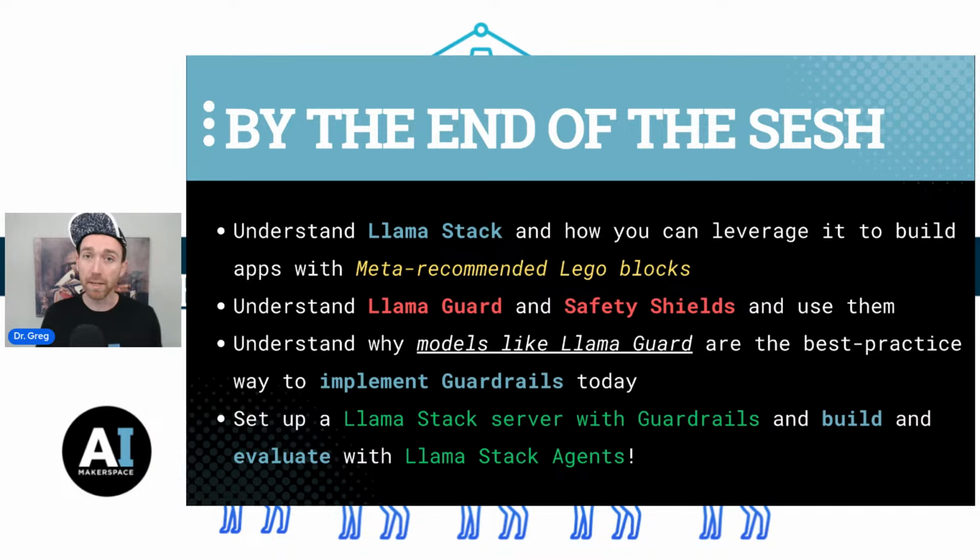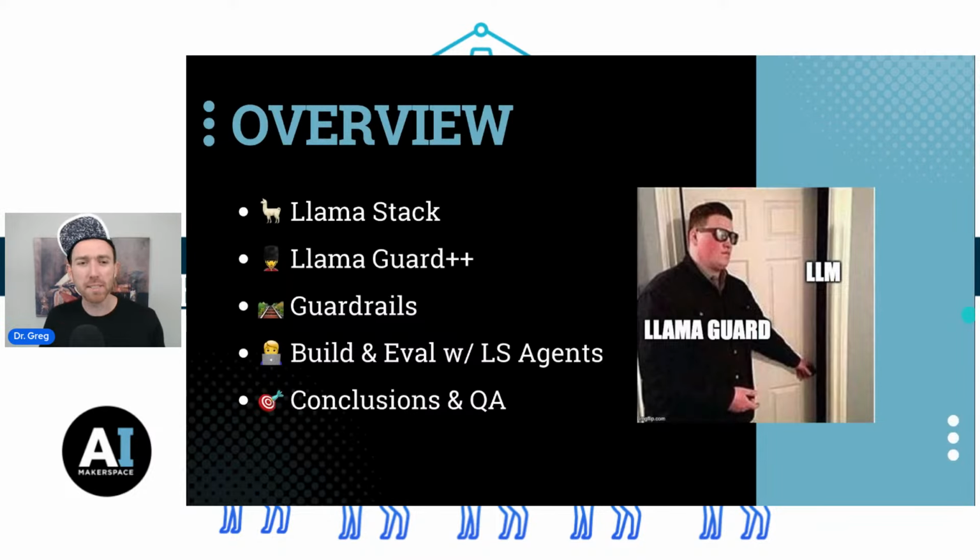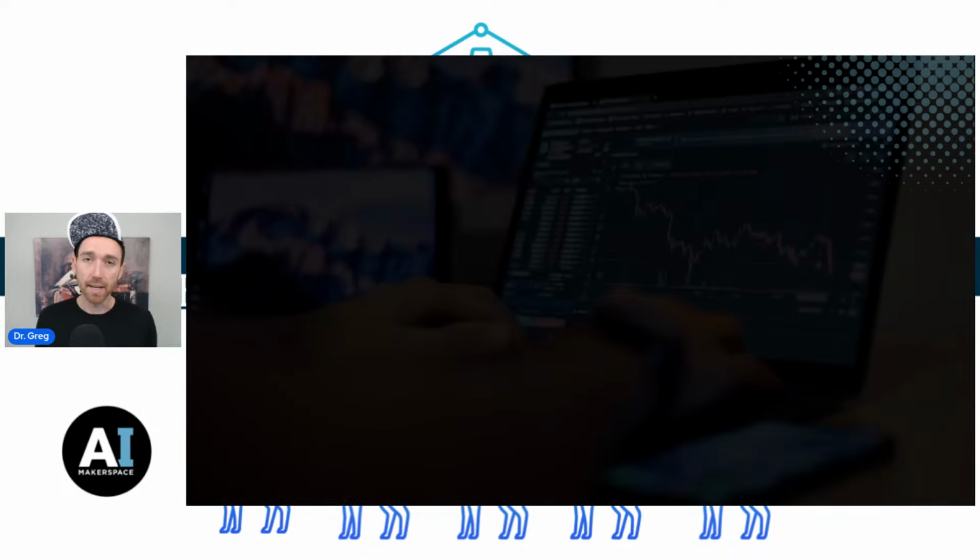Of course, we'll build our own Llama Stack server. We're going to leverage some MCP, some RAG, some agents, and do a full stack build. So let's talk about Llama Stack before we get into Llama Guard and so on, and then expand the frame to guardrails in general. We'll do a build, of course, at the end.